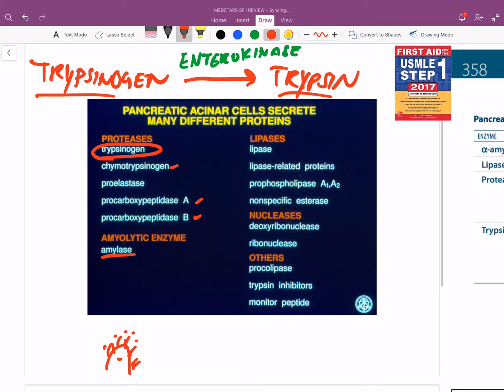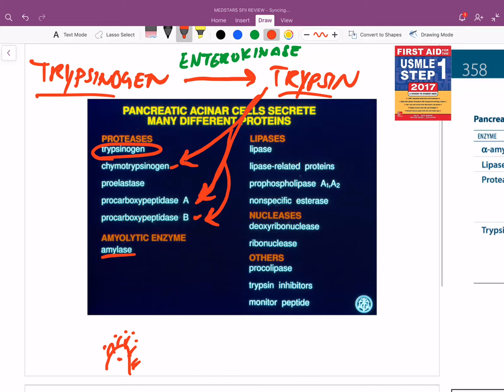Now, what you guys want to know is, what does trypsin do? This is a very high yield topic here. Trypsin actually goes around and activates all these other pancreatic enzymes. Trypsin cleaves chymotrypsinogen and converts it into chymotrypsin.